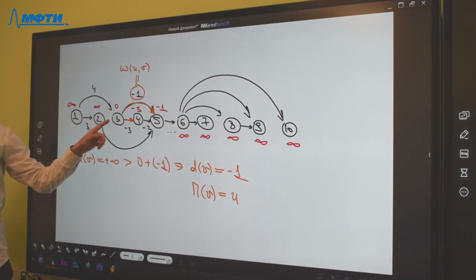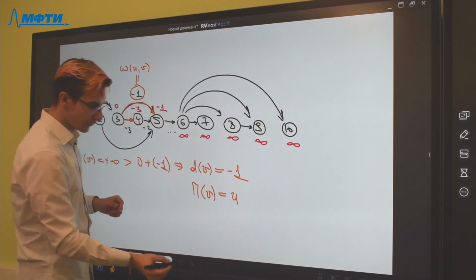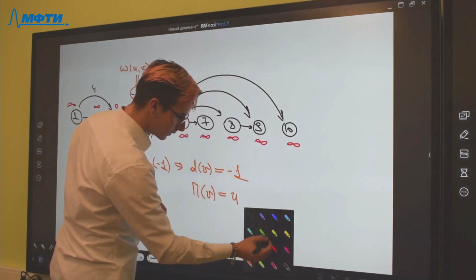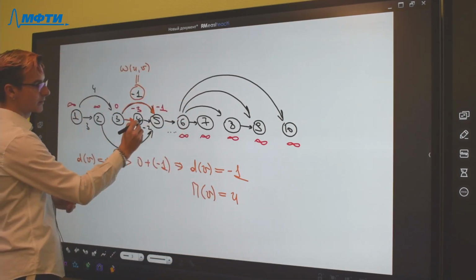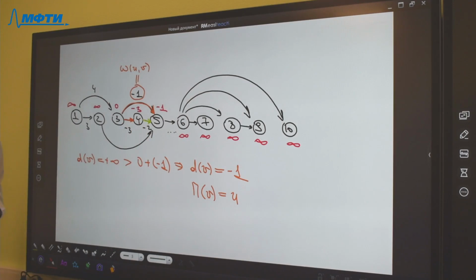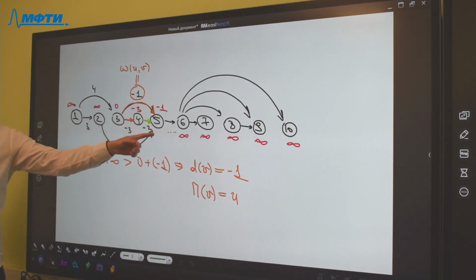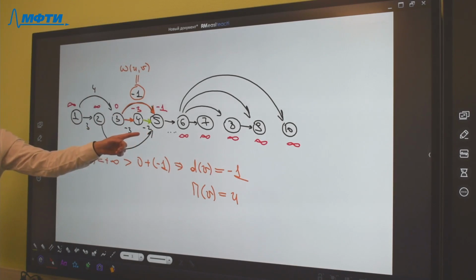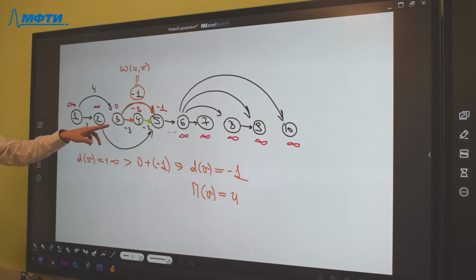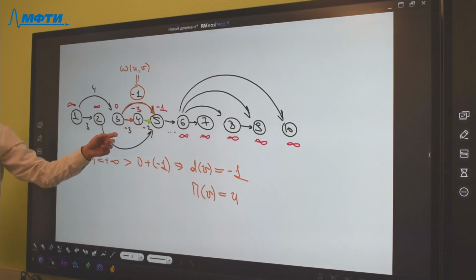Then we want to relax this edge from the fourth vertex to the fifth. From 3 to 4, we relax it after we relax this edge. Relax all the edges incident to the third vertex.